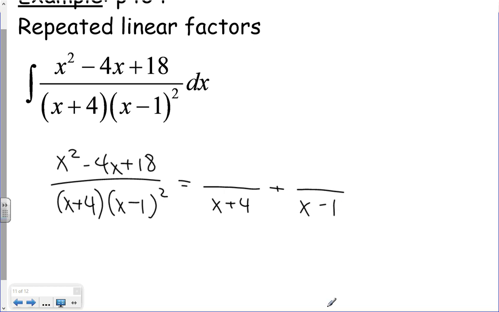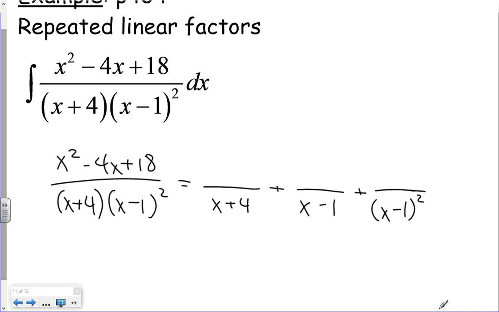And this is what we talked about on the previous slide there about repeating factors. Since this x minus 1 is squared, I need 2 of these fractions. The first one will be raised to the first power, that denominator. The second one will be raised to the second power, and so forth. If it was raised to the third power, I'd have a third one of these. The fourth power, a fourth one.